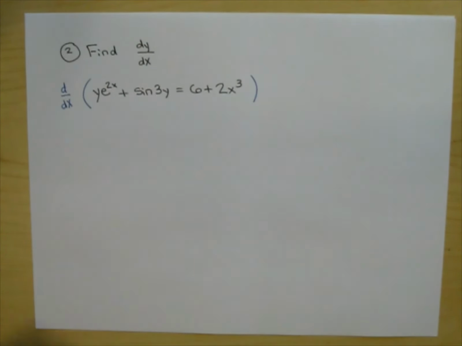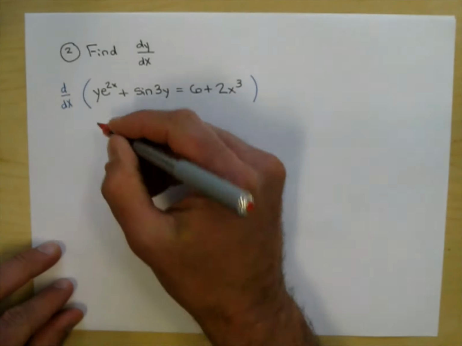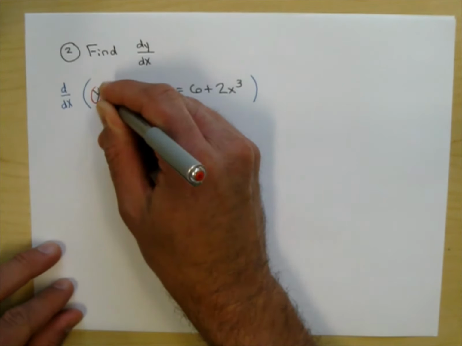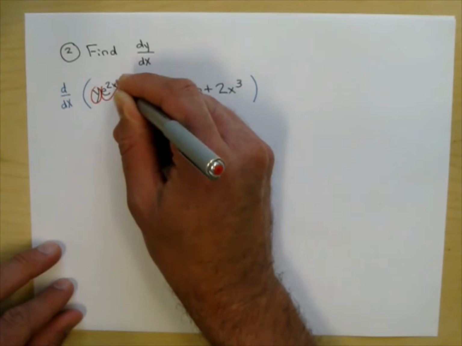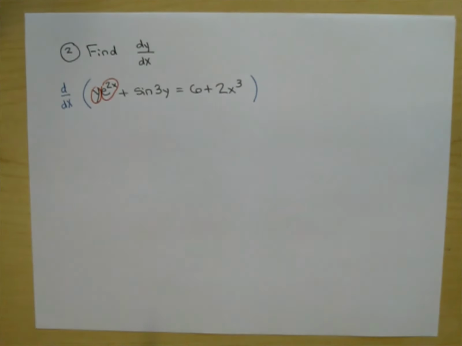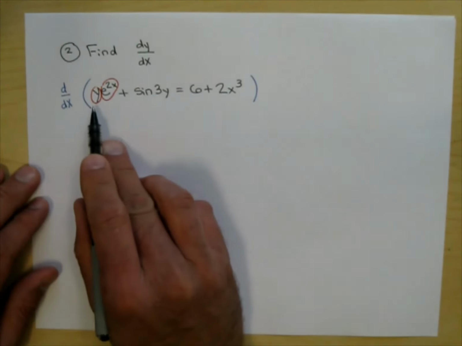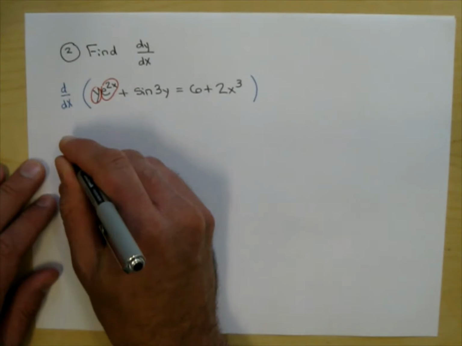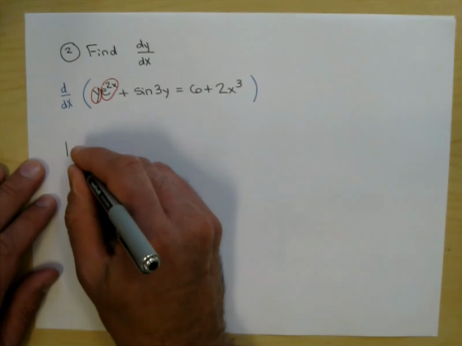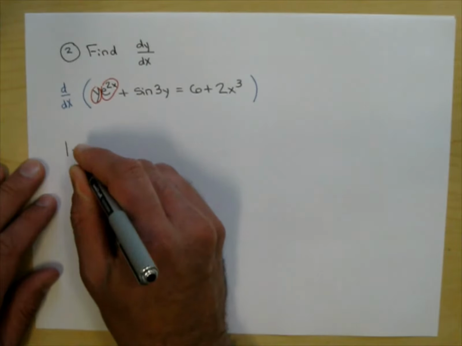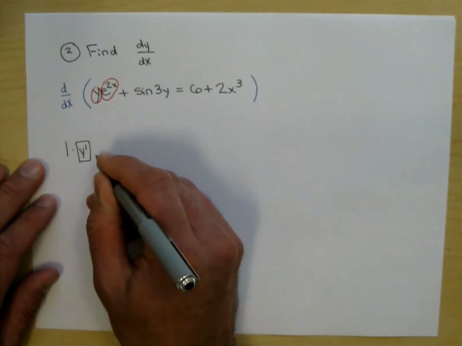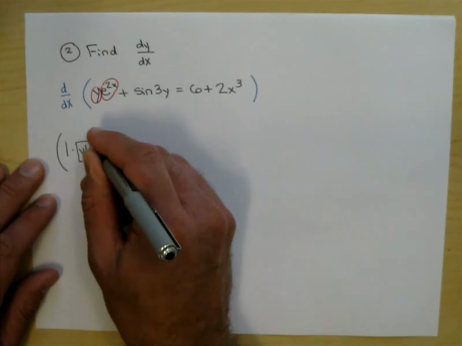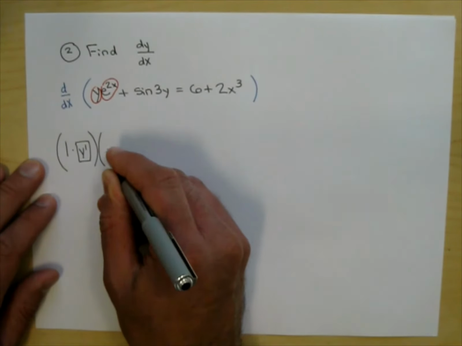Okay, the first term here is a product: y times e to the 2x. So let's do the product rule. The derivative of the first, which is y, so I'm going to put a y prime, times the second.